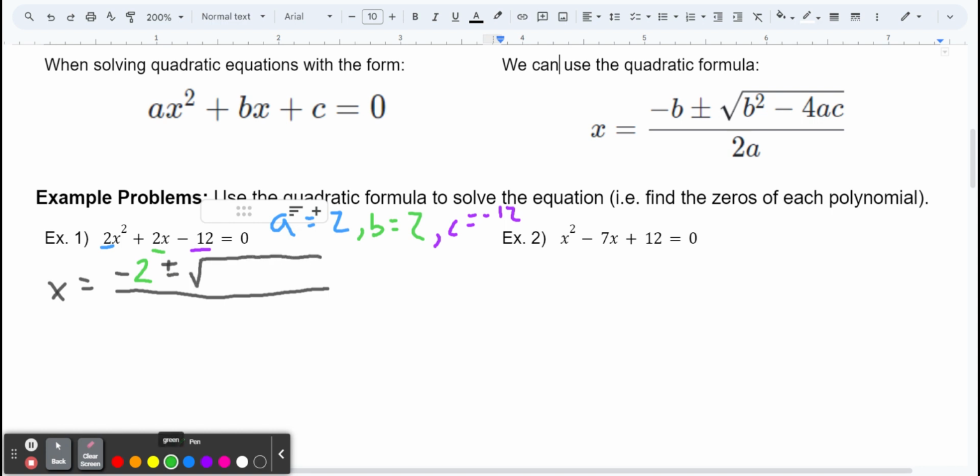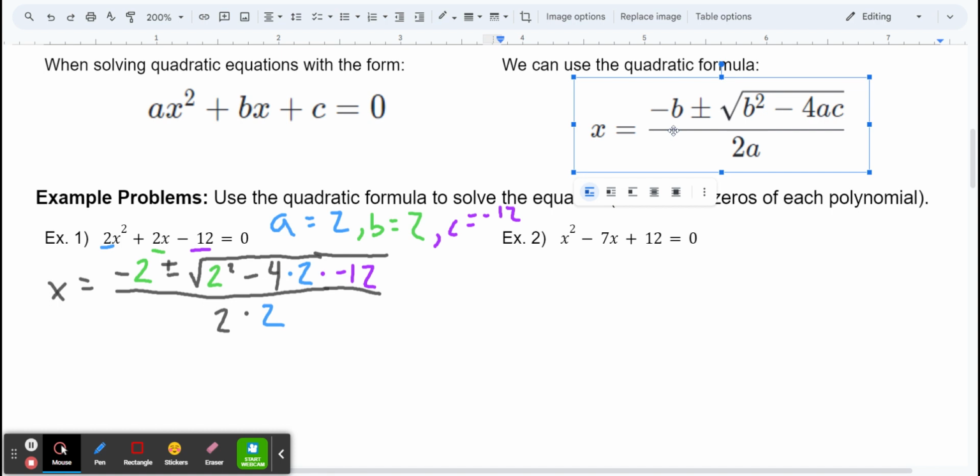And we get b squared, so 2 squared, minus 4 times a, which is blue, times 2. And purple was our c, so times -12. We go ahead and extend those lines out. And that's all over 2 times our a variable, which again was 2. You'll notice that all we did was plug in our a, b, and c values into this quadratic formula right there.